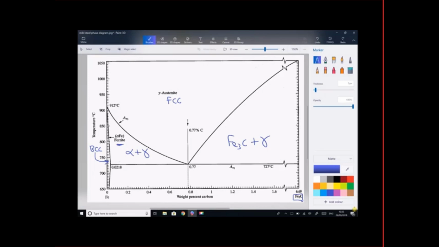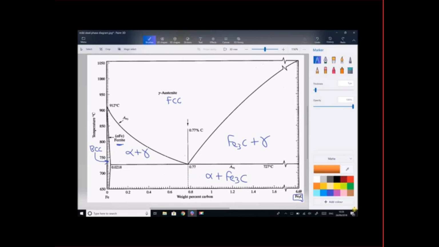And at the bottom, we have our region which is alpha plus cementite. This laminated mixture of alpha and iron carbide is also known as pearlite. And alpha plus cementite will extend to both sides of our eutectoid point.